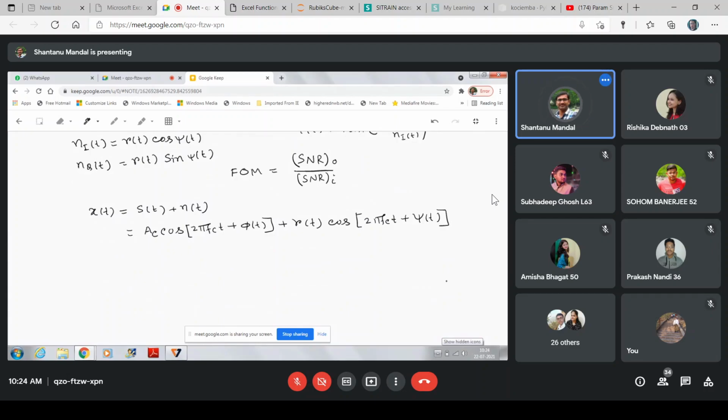Now we have to draw the phasor diagram of the resultant output, that is x(t).